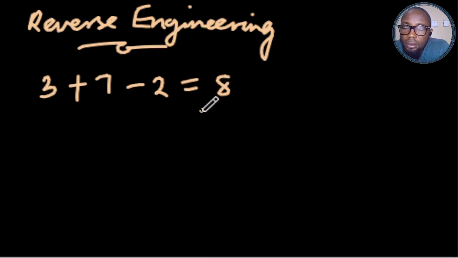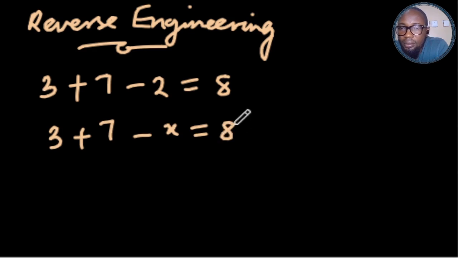Equals 8. Come on. If we now write this as 3 plus a certain number and plus 7 minus a certain number, okay, maybe we now put an x here, equals 8.